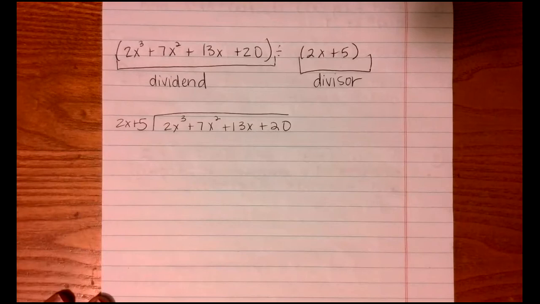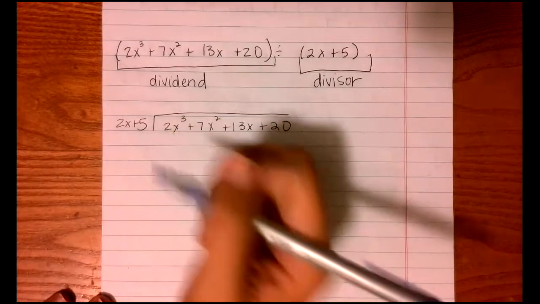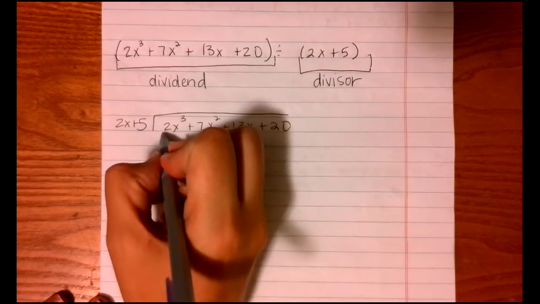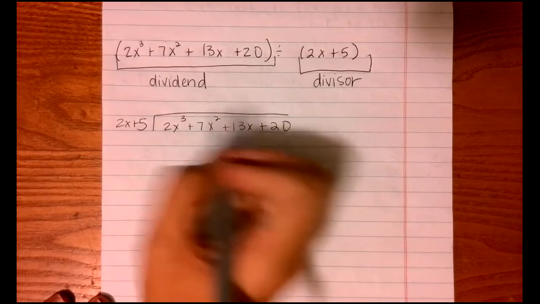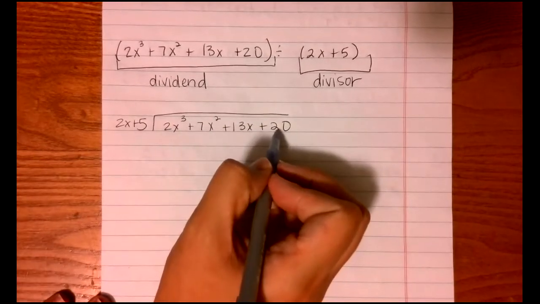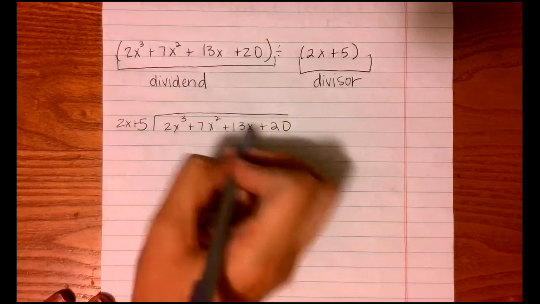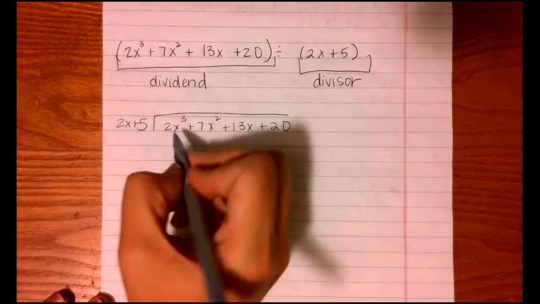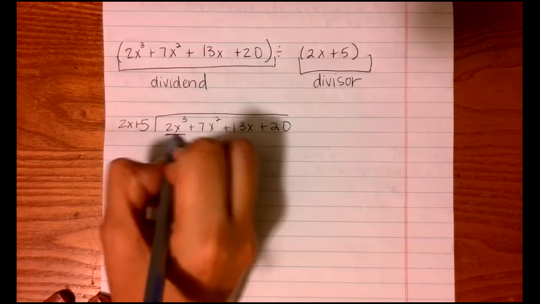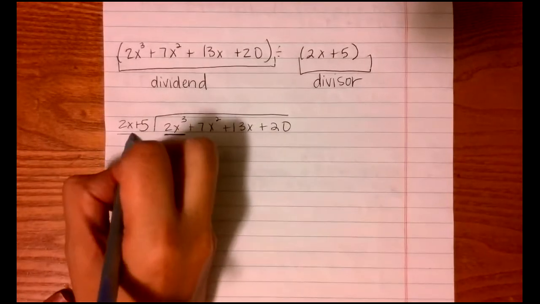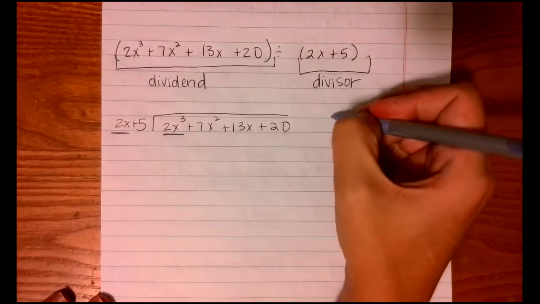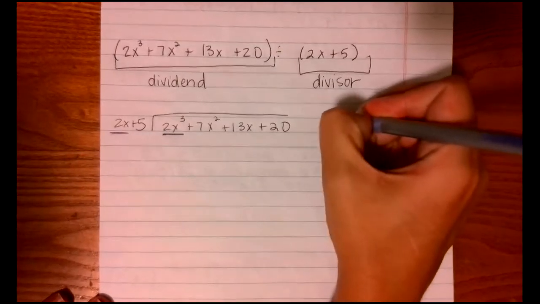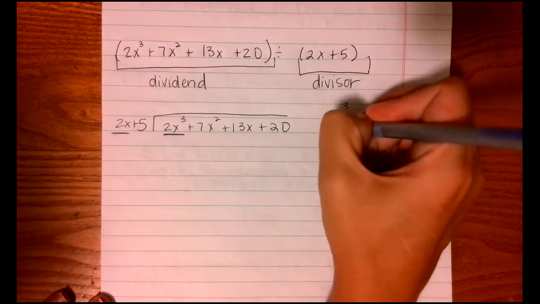Now, when you do long division, you focus on one term at a time. So you want to make sure that the terms are in order of biggest exponent to smallest exponent for the dividend and the divisor. Then you divide the first term of your dividend by the first term of your divisor. Some people do that division in their head, and some people like to actually write it out.